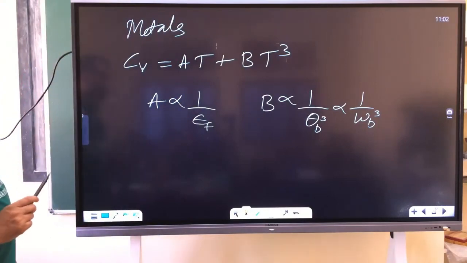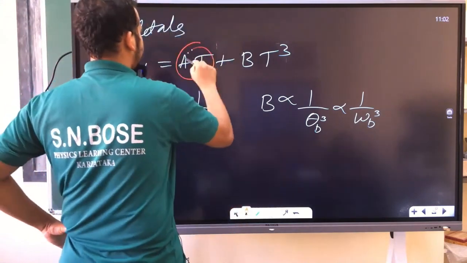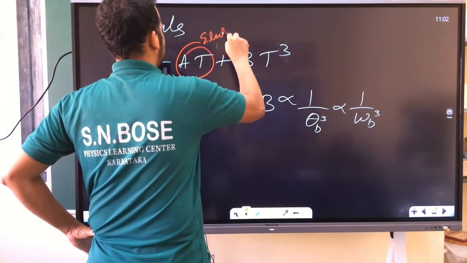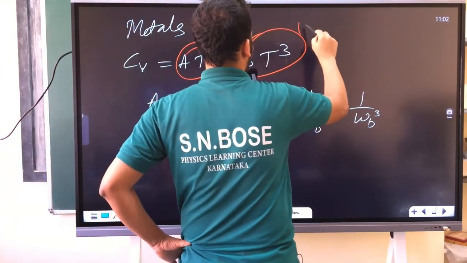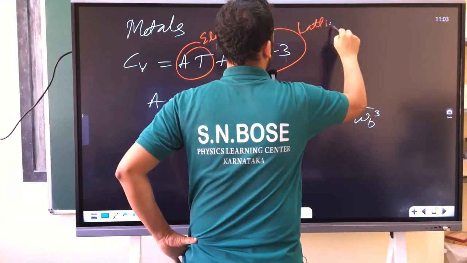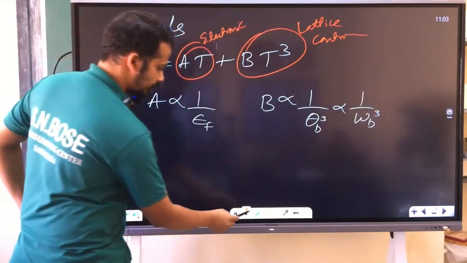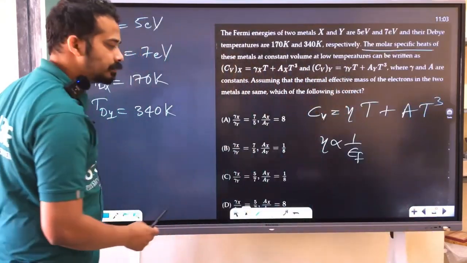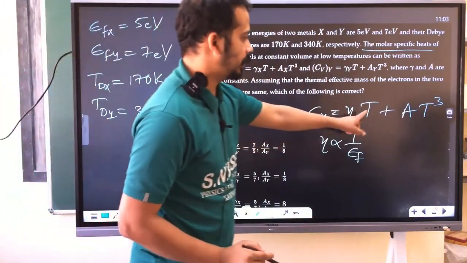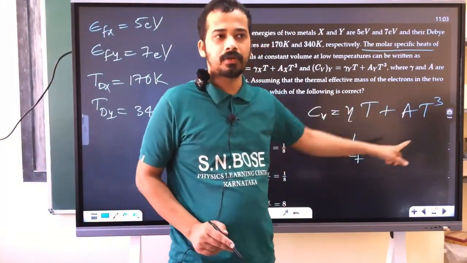So what I'm saying here is, this one is electronic contribution, and this one is phonon, lattice contribution. Got my point? So shall I proceed? This gamma, you should quickly find, is the electronic contribution, and this is the phononic contribution.